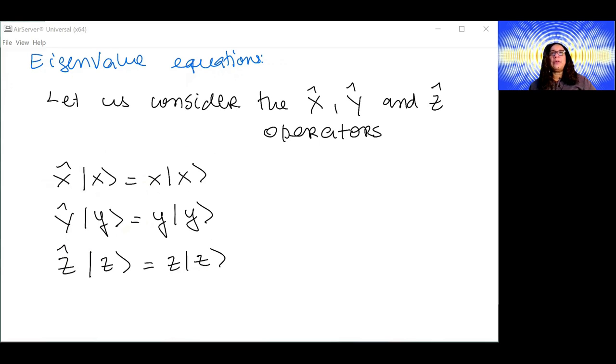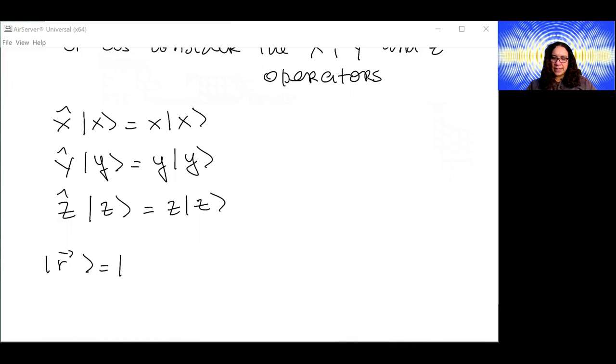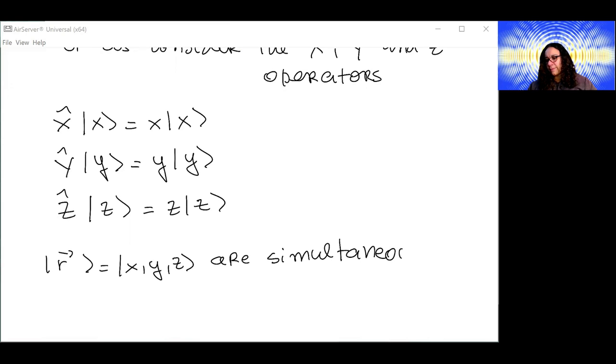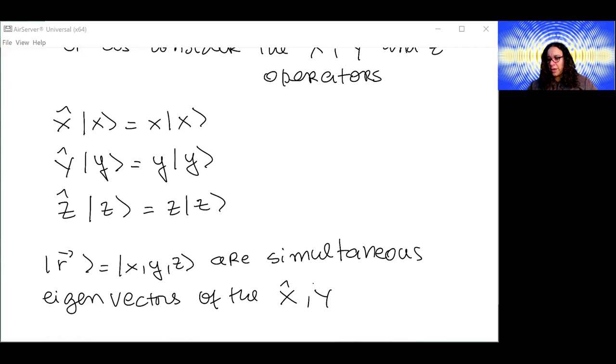And what I'm going to argue is that r, which is x, y, and z, are simultaneous eigenvectors of the X, Y, Z operators.